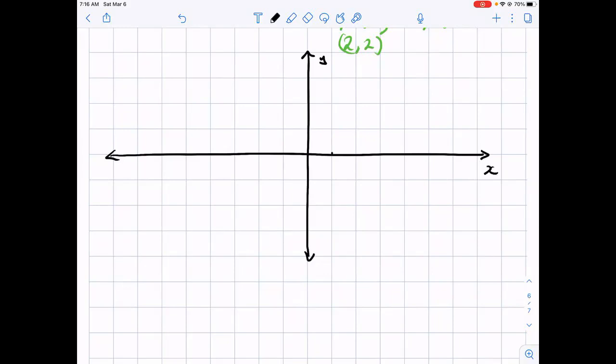That's the x. So here is 1, 2, 3, 4, minus 1, minus 2, minus 3, minus 4, and here I have 1, 2, 3, minus 1, minus 2, minus 3.